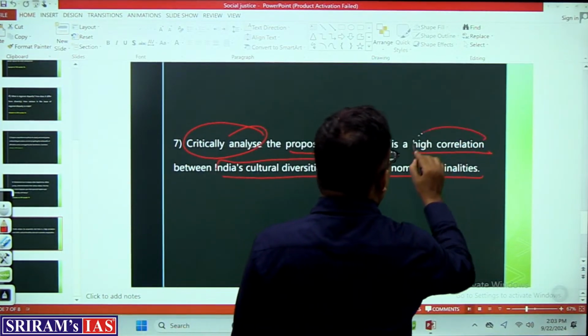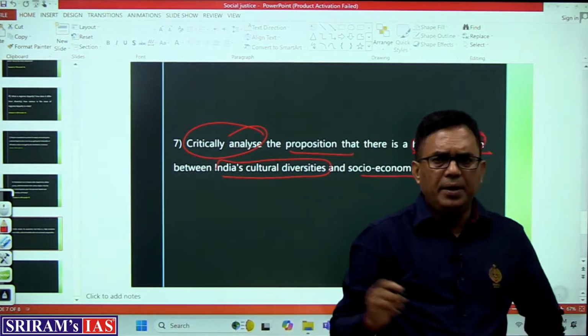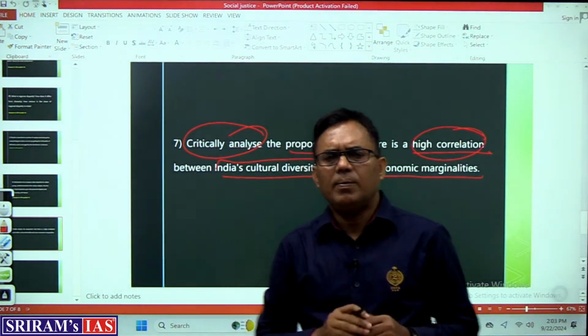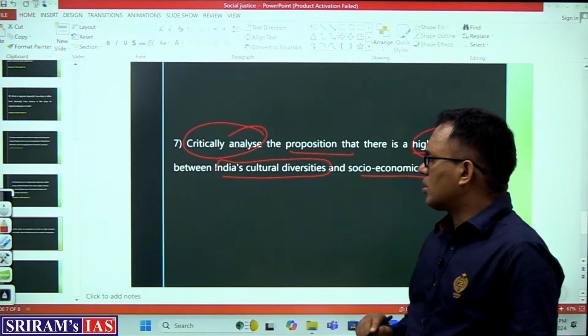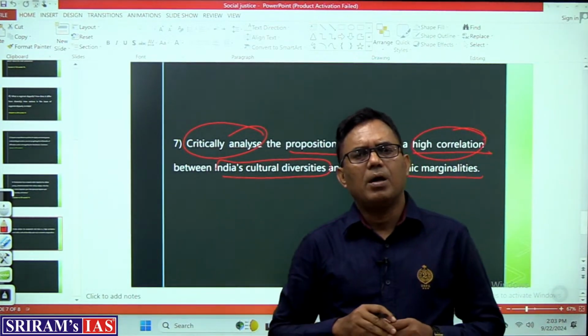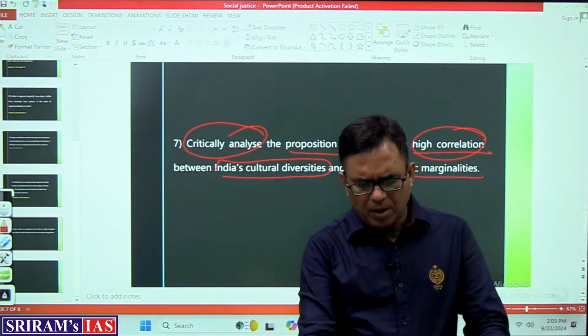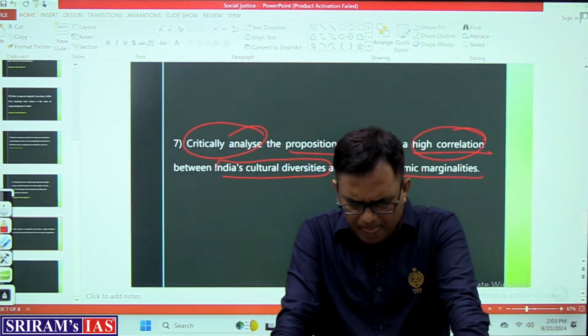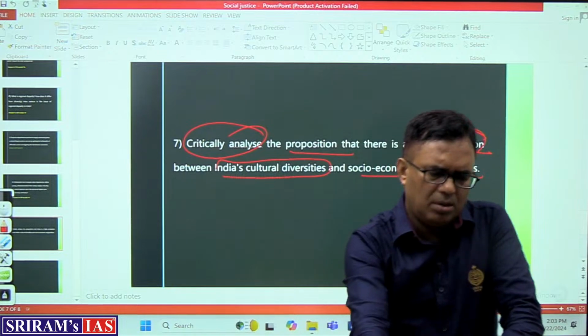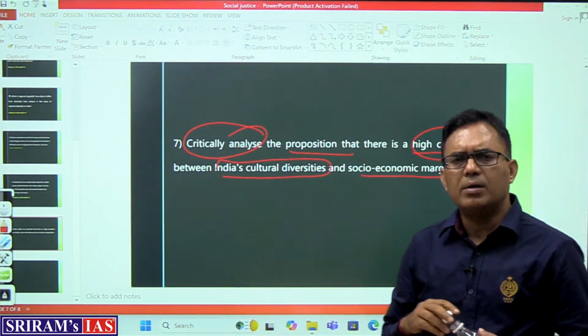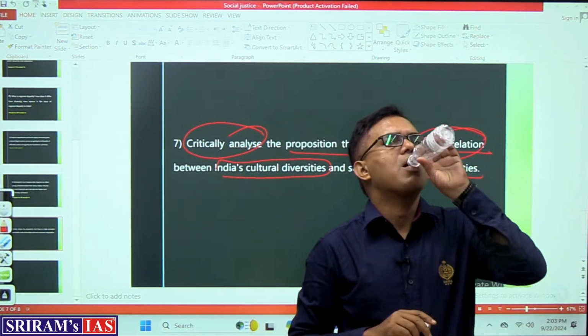Second, high correlation. Is there a correlation, is there a connection between cultural diversity and socio-economic marginalization? If you find some evidence, you can say yes.